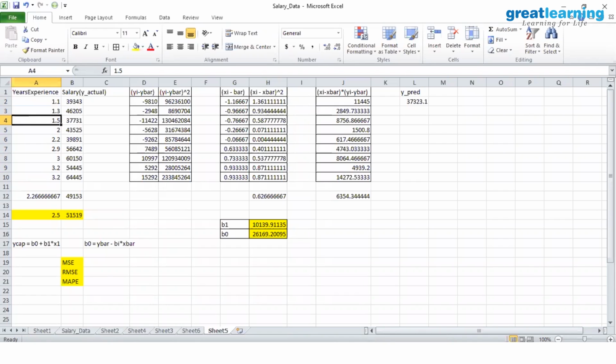Sagar, am I confusing you, or Monica? Sagar and Monica, are you clear? Am I able to convince you, or is it still unclear? We almost got it, but in this formula, x1 will not be a constant, right?